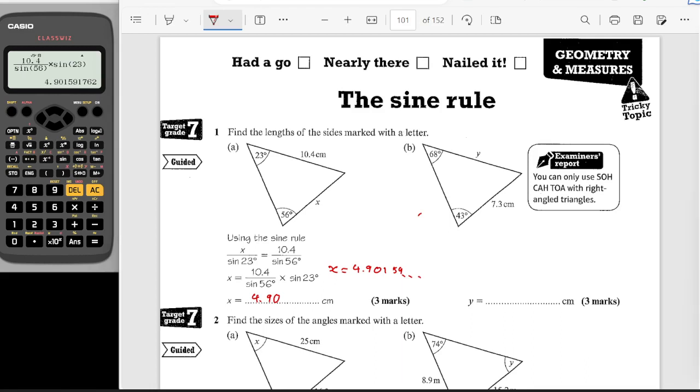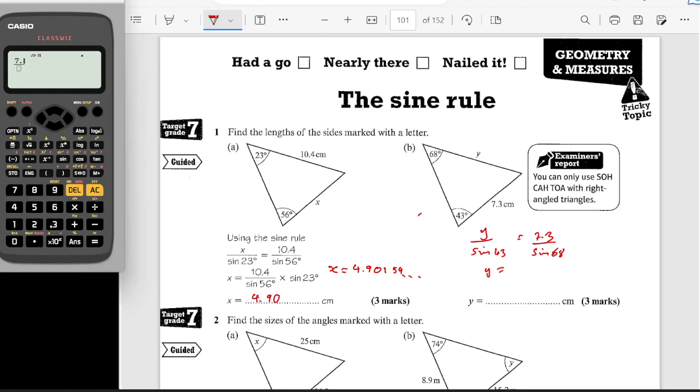Okay, part B, similar case. This time we're trying to work out y, so I'm going to say y over sine 43 is going to be equal to 7.3 over sine 68. I would much prefer to see this answer written to this decimal place rather than the rearrangement. So I'm just going to do that.